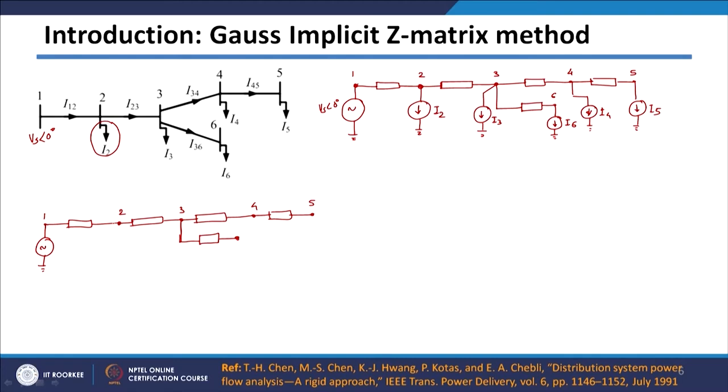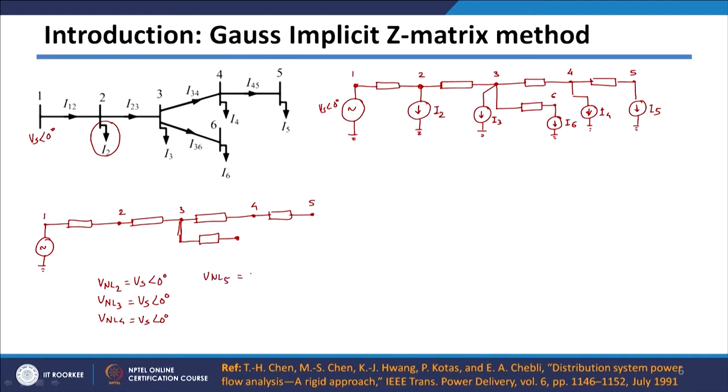So, if we calculate the voltages with respect to ground of each of these nodes, VNL2, the no load voltage 2, will in this case be Vs angle 0 degree. VNL3 will also be equal to Vs angle 0 degree. VNL4 will also be equal to Vs angle 0 degree, because there is no path available to ground. So, no current will flow, and each of these terminals will get the same voltage.